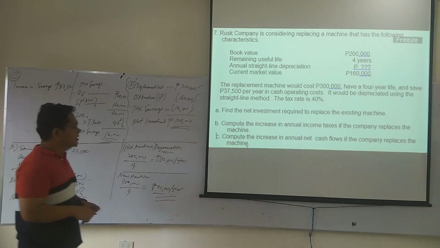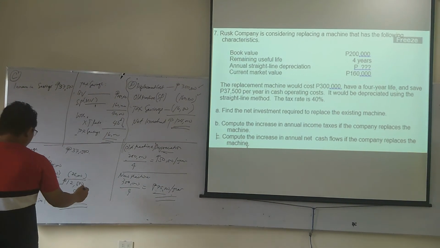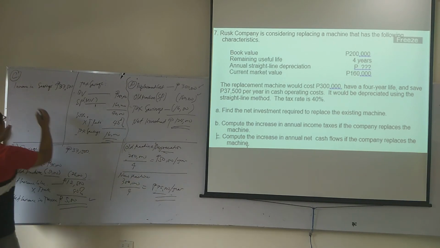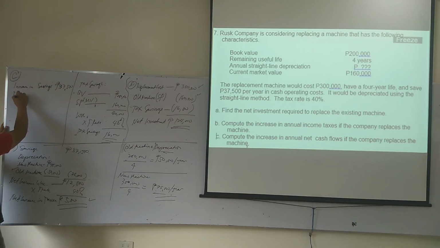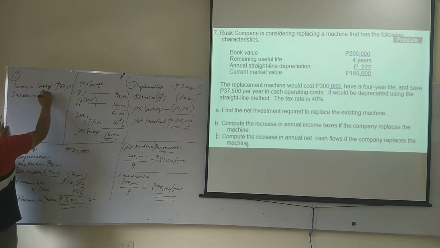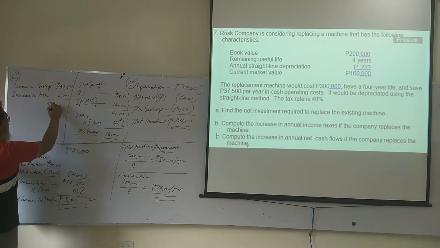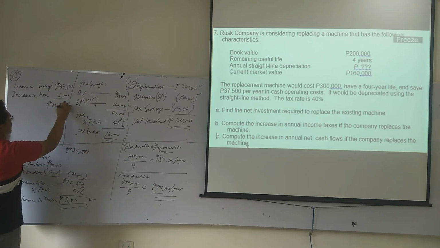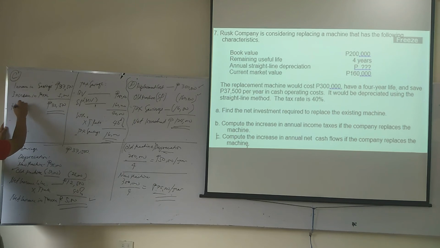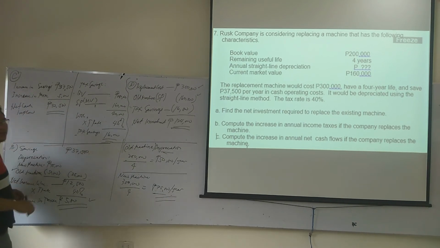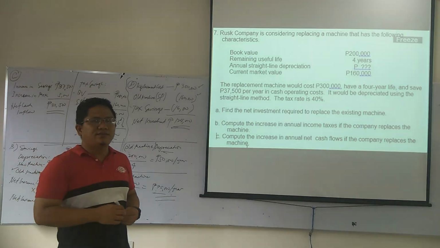Another cash outflow is 5,000, the increase in tax. So our net cash inflow is 32,500.